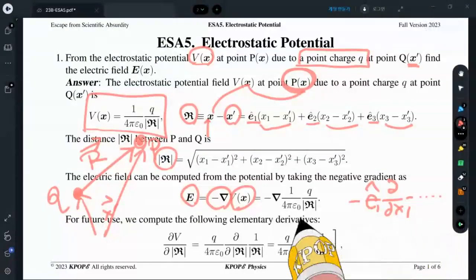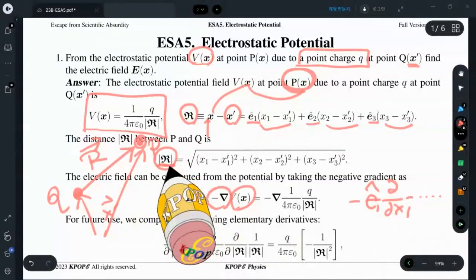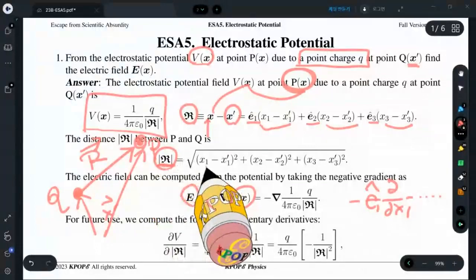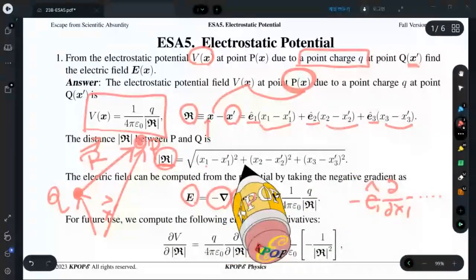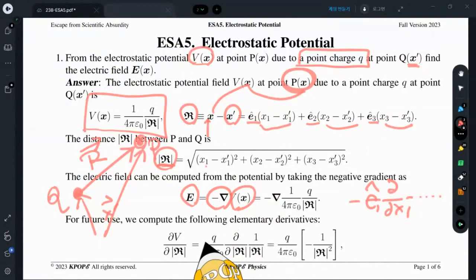So we want to find this gradient. However, this expression is in terms of the distance, and that is again a function of positions. So we have a two-step structure. In that case, we usually make use of the chain rule to find the derivative.